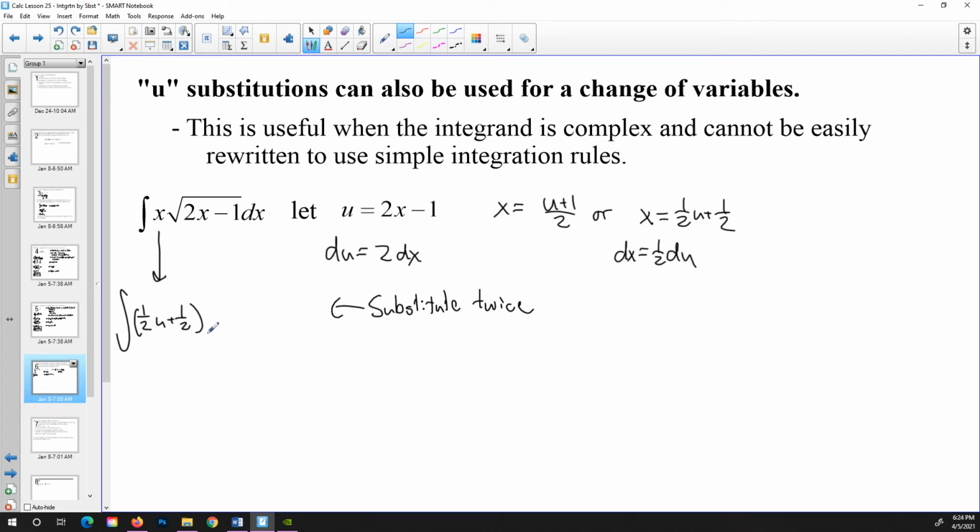And then the square root, which I'm going to write as a 1/2 power. 2x minus 1, this 2x minus 1 becomes just u. And then what I can do is I can substitute for my dx. So this goes right there. And then my dx becomes 1/2 du. And because I'm directly substituting, I don't have to mess with it this time.